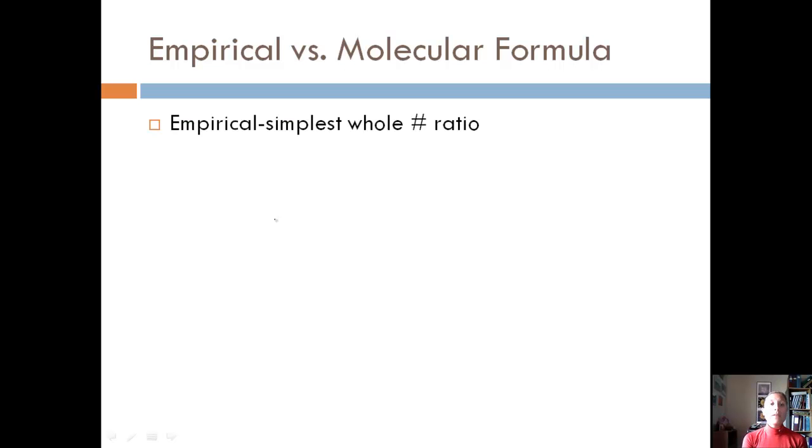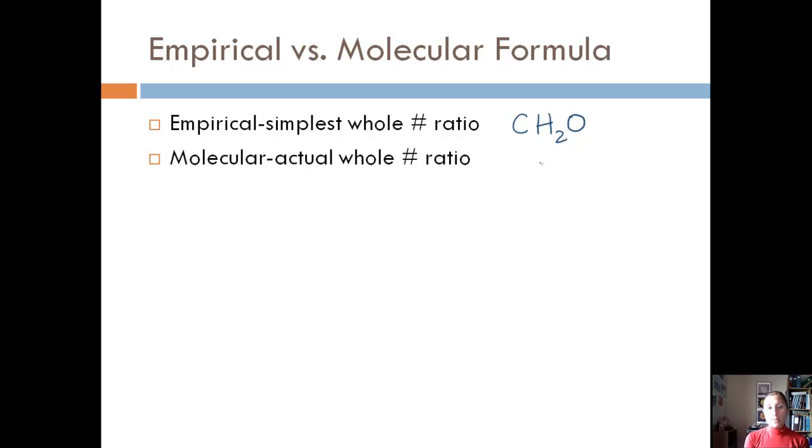So let's just review. If you remember, empirical formula is the simplest whole number ratio of how the elements are put together. An example that we did in the last section was that the empirical formula was CH2O. Then we talked about molecular formula, which is the actual whole number ratio.